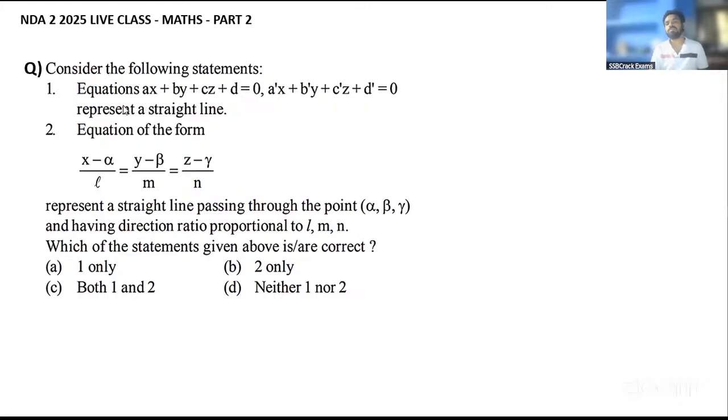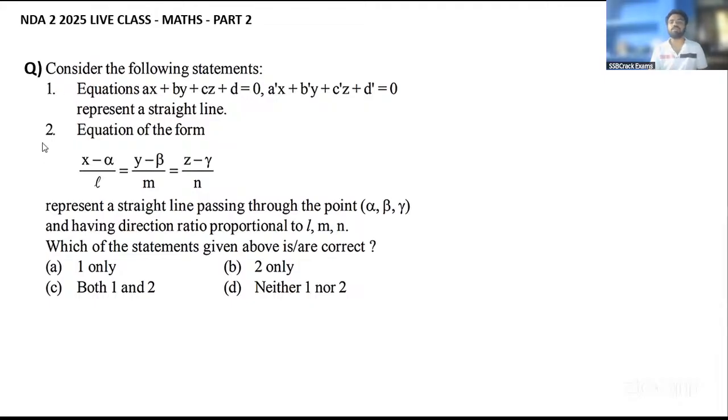And when we move forward, we see that if we have a given point, say alpha, beta, and gamma, then the equation can be represented in terms of direction ratios or cosines. If there are ratios, then you can deduce the cosines from them. Once you bring out these things, you can see that this was the equation of a line passing through a given point.